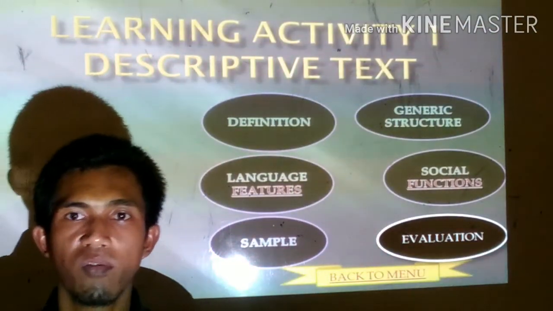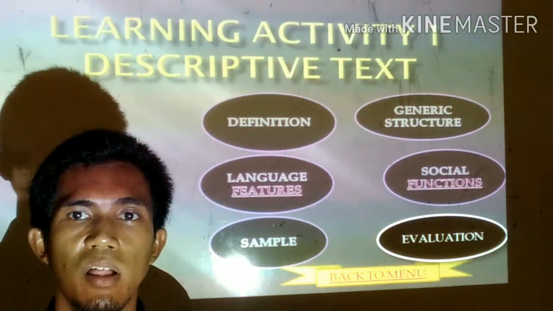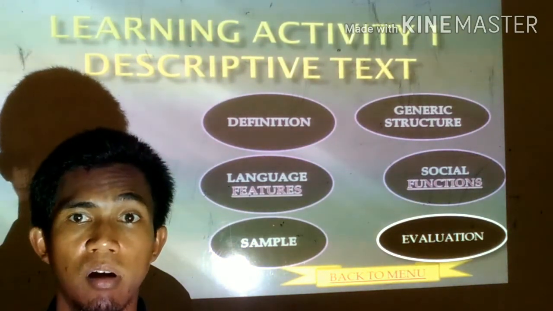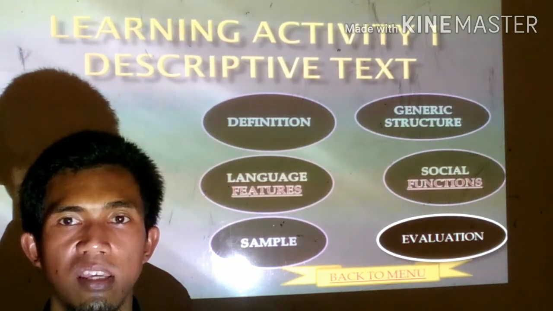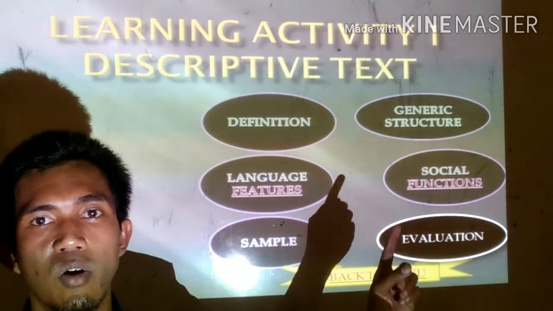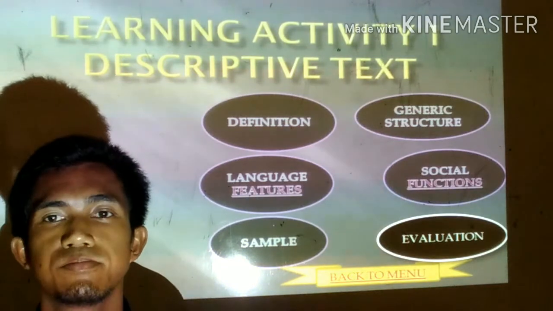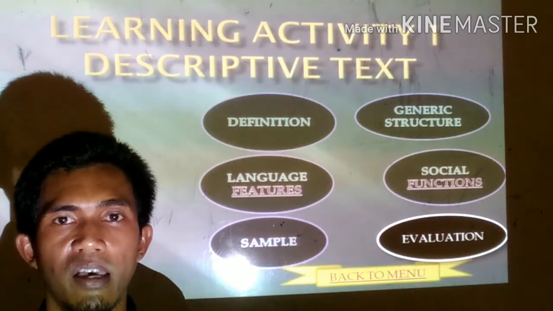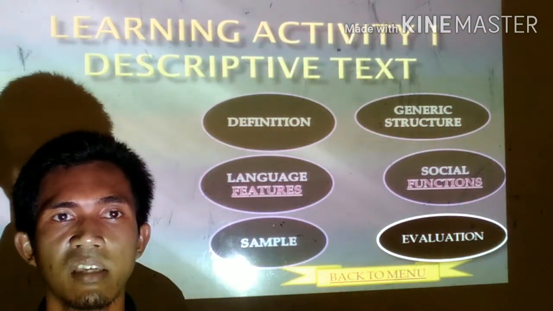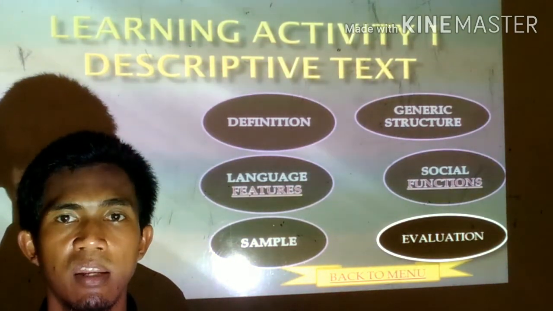Okay. We have learned about descriptive text. Now we will make a resume or a summary of this presentation. Do you still remember the generic structure of descriptive text? Yes, the generic structure of descriptive text consists of identification and description.